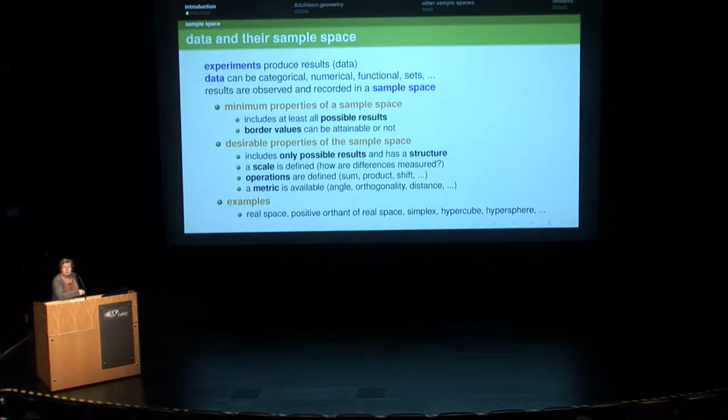We use the sum, we use the product, we make a shift, we center the data, this is a shift, and we don't think about it. We consider this to be the natural way to operate with the data. But we should be aware that this is not always so natural or obvious.